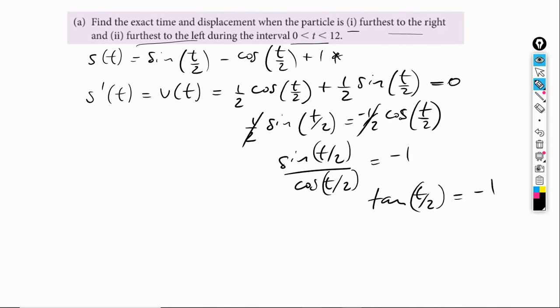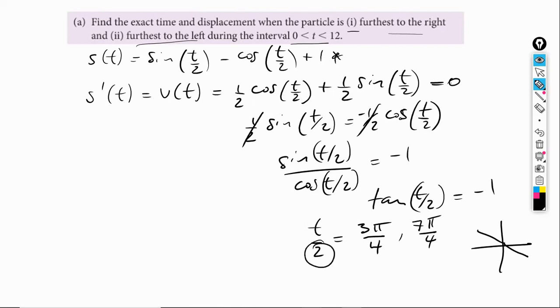So remember that tangent is negative in the second and fourth quadrants. And that is when t halves is equal to 3 pi fourths or 7 pi fourths. Then we multiply by 2. Therefore, it's when t equals 3 pi halves or 7 pi halves.